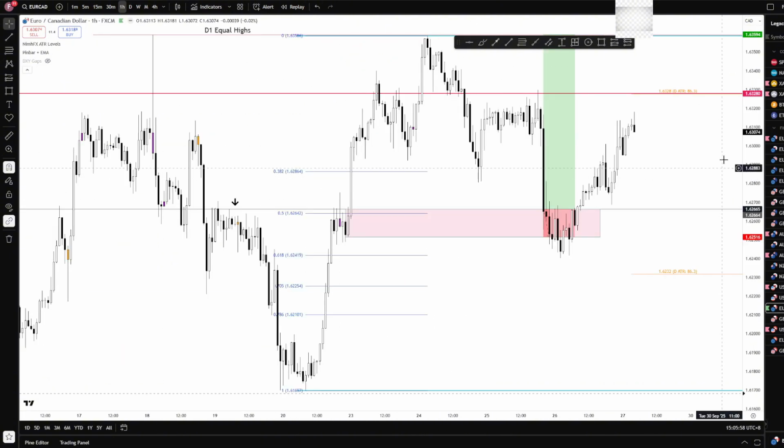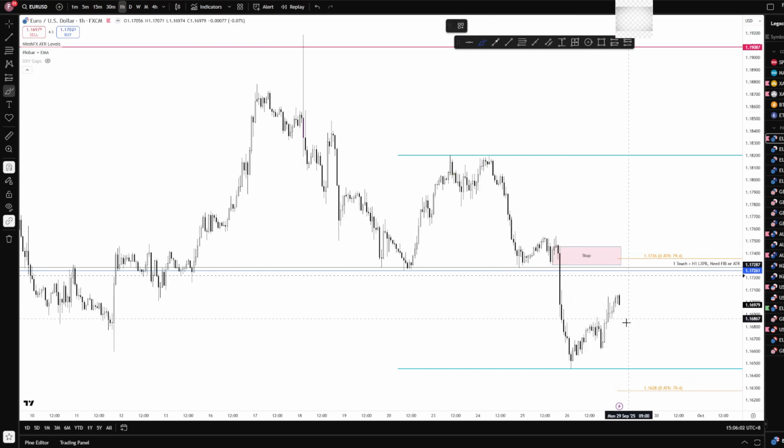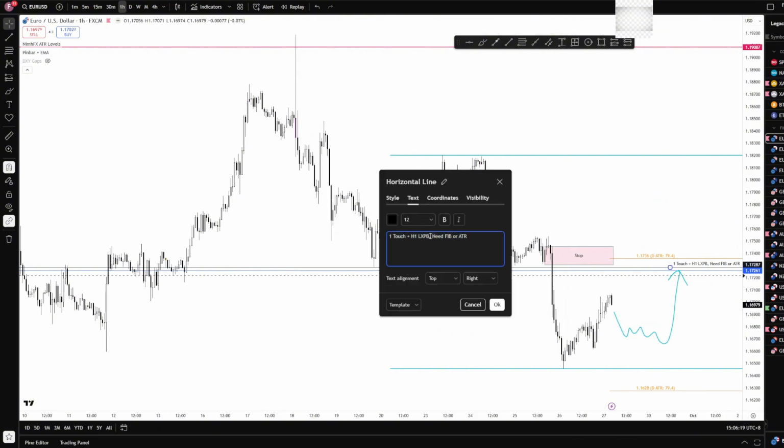Some other potential setups I see is Euro. Similarly, this is a one touch level. It gave one bounce, and there's also last resistance on the H1. So if price comes up swiftly, I'll take it. Actually, this is already at the 0.5 Fibonacci, and at risk if ATR aligns.